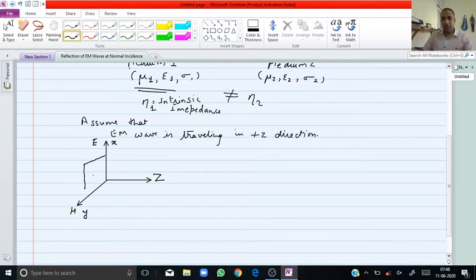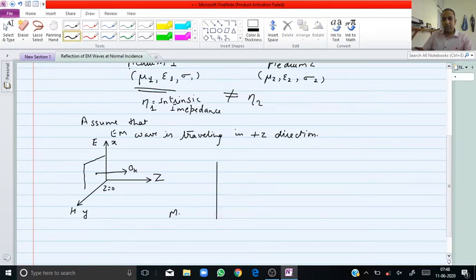which forms at this z equals 0 interface, with a vector aK, which is the direction of propagation of this EM wave, okay, is normal to the interface of the two media.